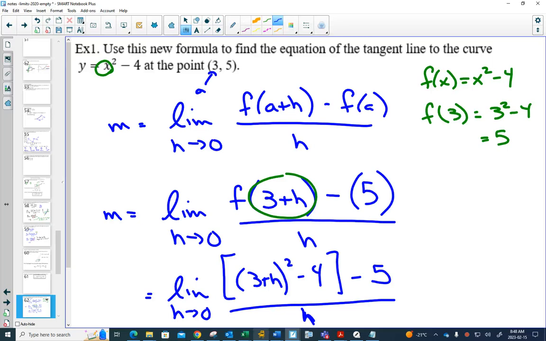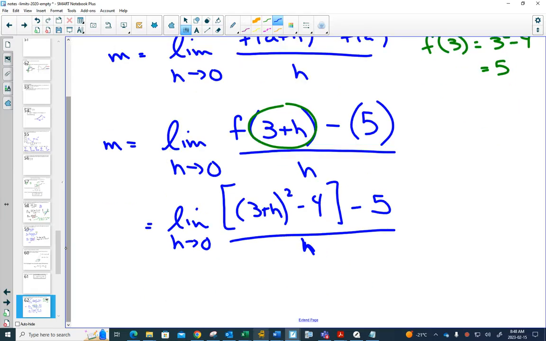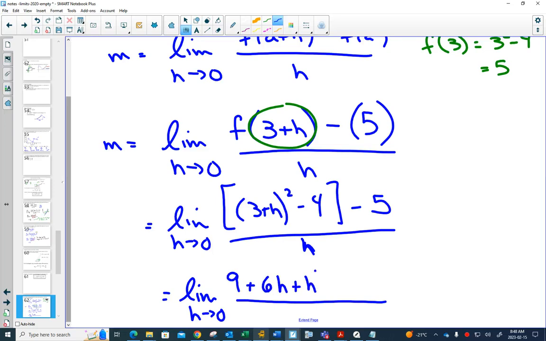Okay, so now when we expand this, (3 plus h) squared, careful, this is not 9 plus h squared. You do have to do 3 plus h times 3 plus h, multiply it all out, do all the arrows, and you would get 9 plus 6h plus h squared, right?